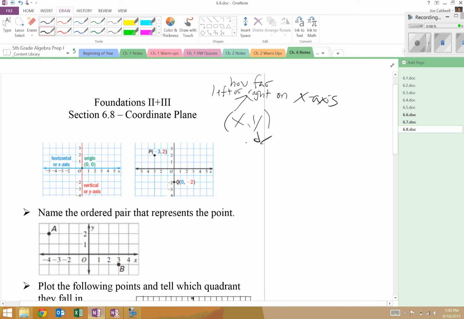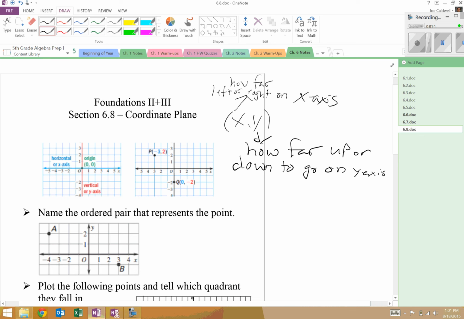The y tells you how far up or down to go on the y-axis. Sorry for the messy handwriting there.